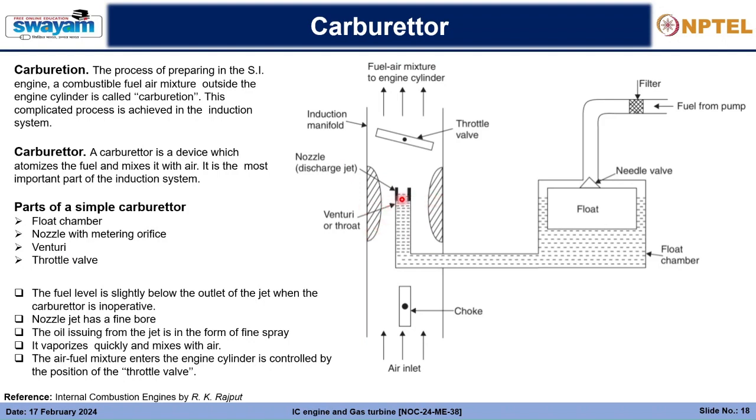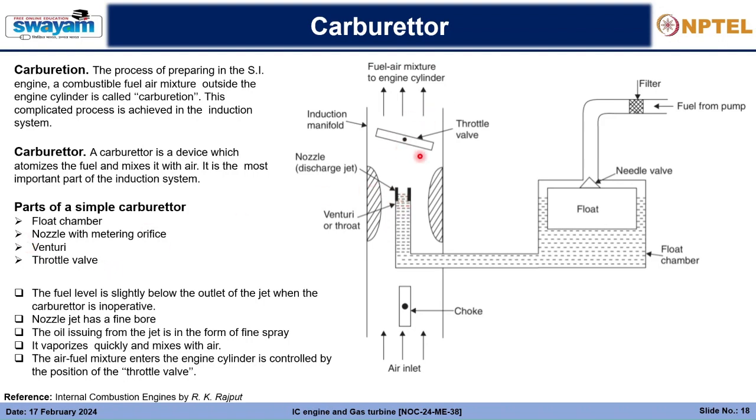This area is quite small, whereas this area is quite large, and you will soon know why this kind of arrangement is preferred. This is the venturi, or the throat. The nozzle is placed at the center of the venturi. Why? We will know a little later.